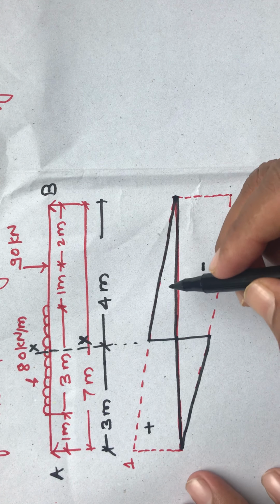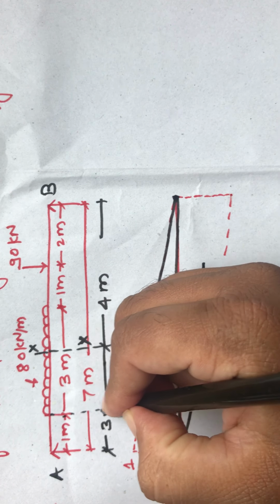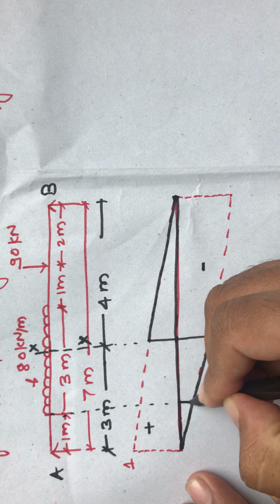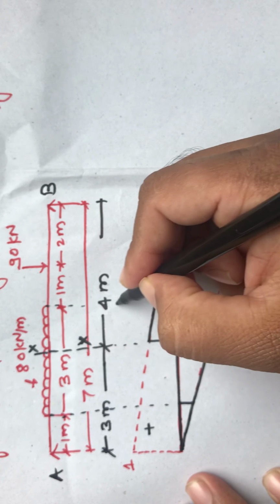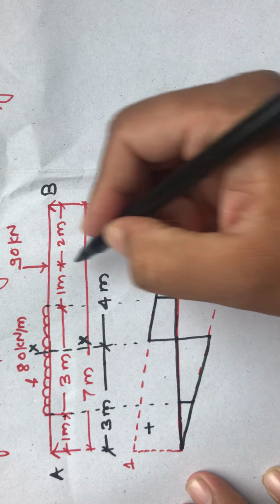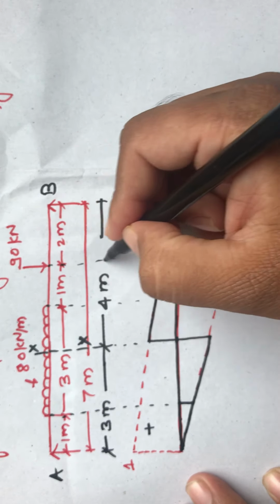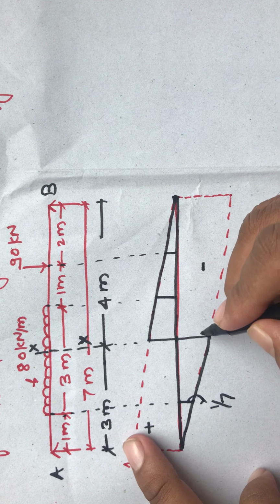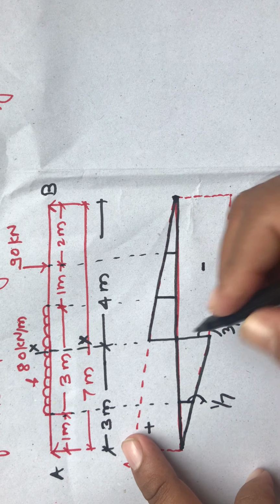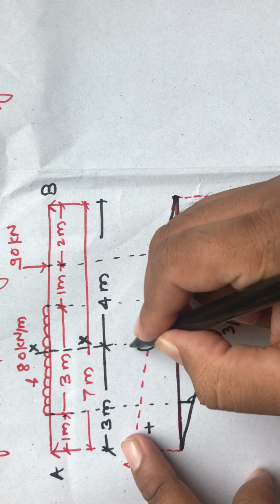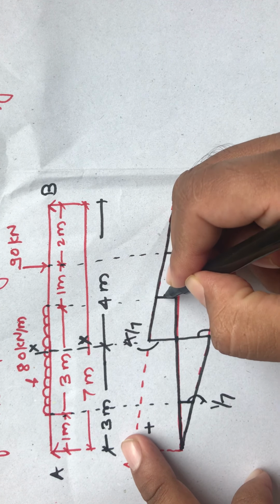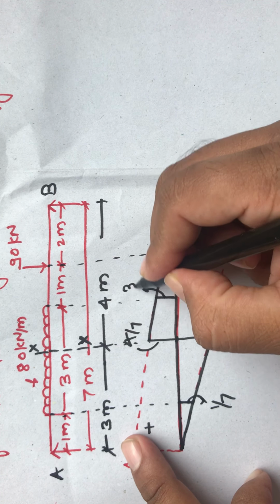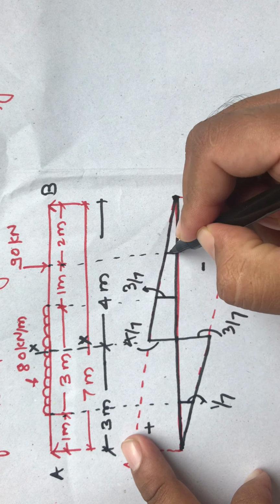Now I will take the projection here, one projection of this UDL, here one projection of this UDL, and the projection of this point load is this one. So this one will be 1 by 7, this will be 3 by 7, this will be 4 by 7, this will be 3 by 7, this will be 2 by 7.